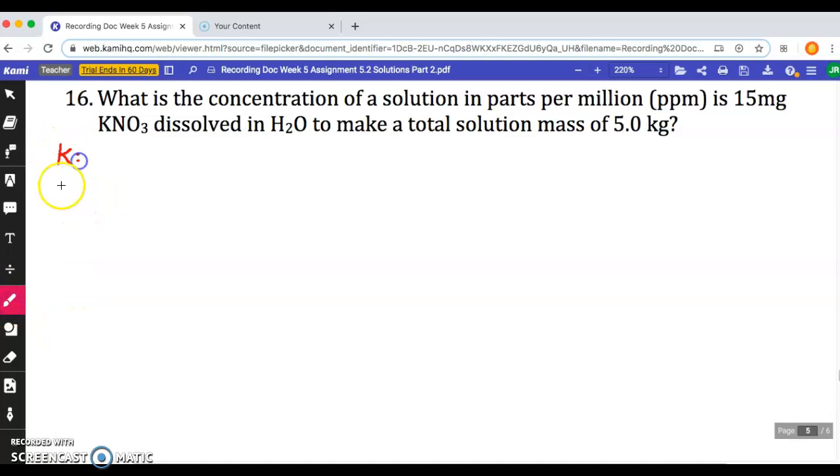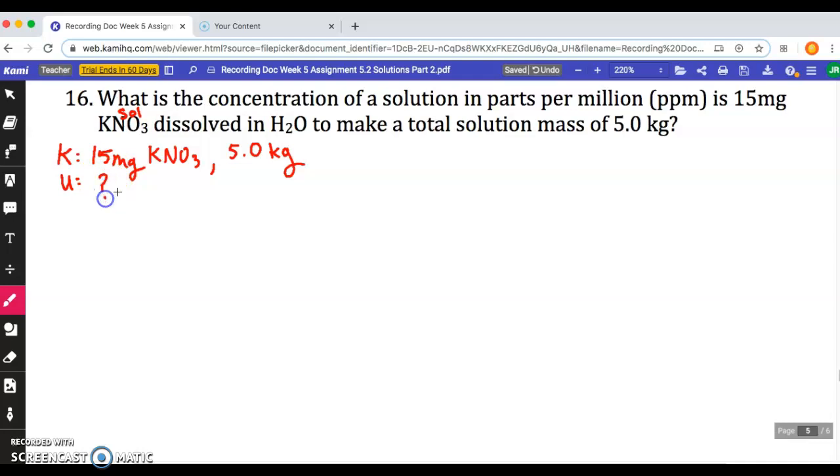Your known will be the ones with the numbers. 15 milligrams of potassium nitrate, that would be the solute. To make a total solution that has a mass of 5 kilograms. Now, we already have the solution there, and that is at 5 kilograms. Now we're trying to figure out what is the concentration of solution in parts per million.